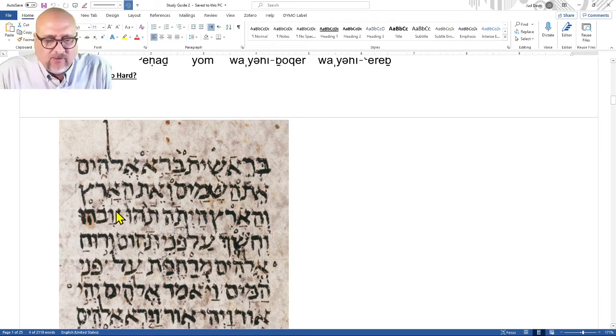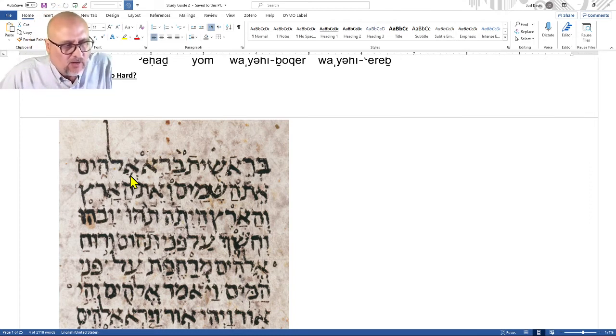Well, this is a picture of manuscript B19A. It's called the Leningrad Codex, because when St. Petersburg was called Leningrad in Russia, it was the oldest complete manuscript of the Hebrew Bible.